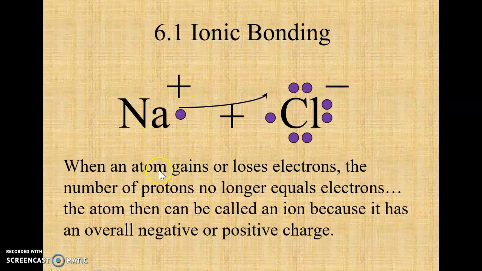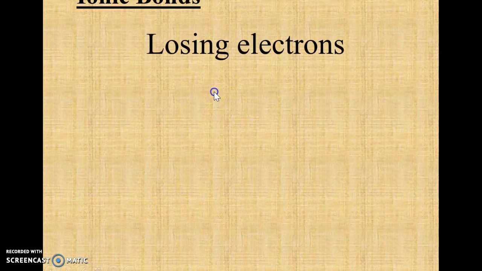So if you look at sodium, which is in group 1A, and chlorine, which is in group 7A, sodium is a positive oxidation number, chlorine is a negative oxidation number because this one loses electrons, this one gains electrons. As you can see, that's why they react together to become stable.